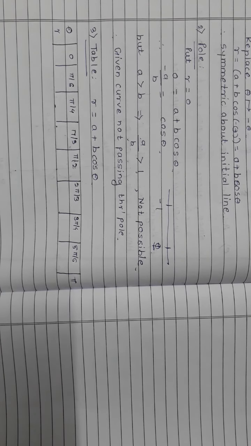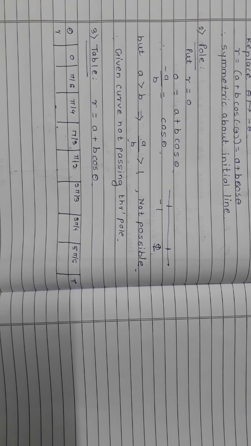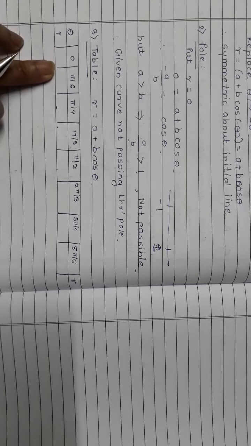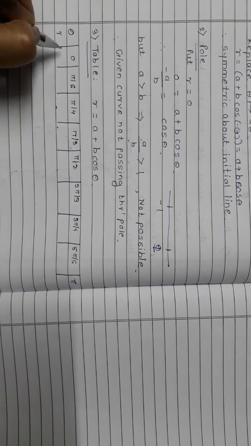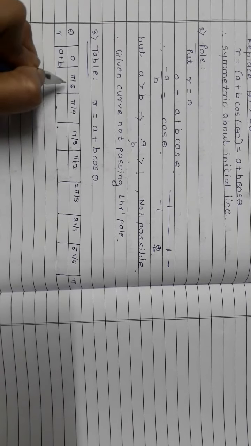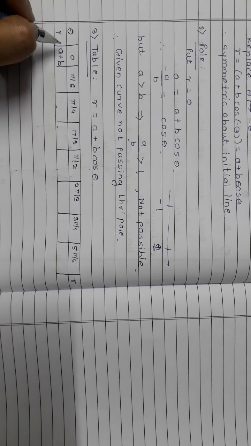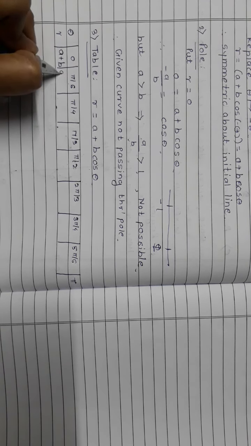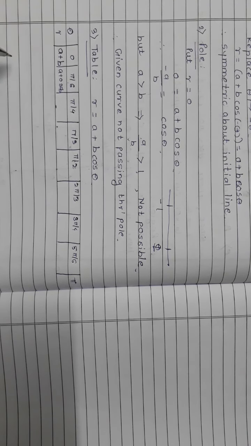So we are going to substitute one angle at a time and figure out the values of r here, right? So when you substitute theta is equal to 0, cos theta is 1, so the first value is a plus b. When you substitute pi by 6, cos is root 3 by 2, which is nearly 0.86, so I am going to write this as a plus 0.86 times b.